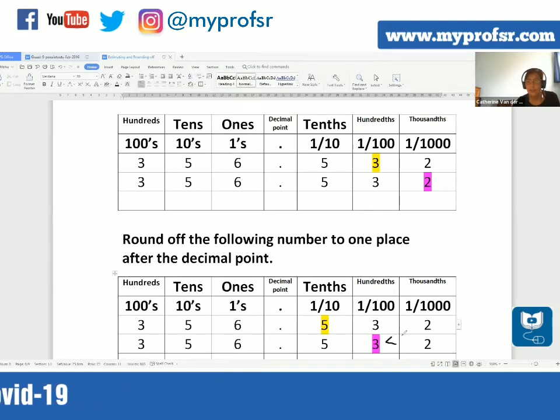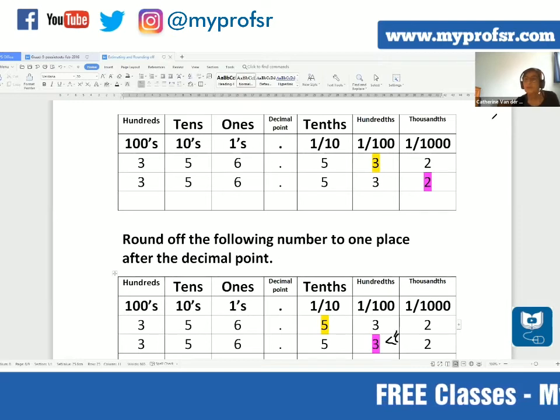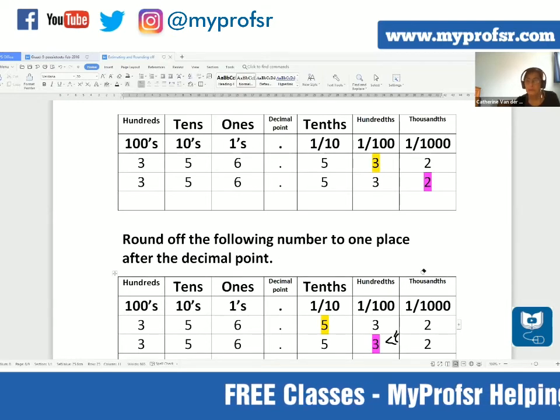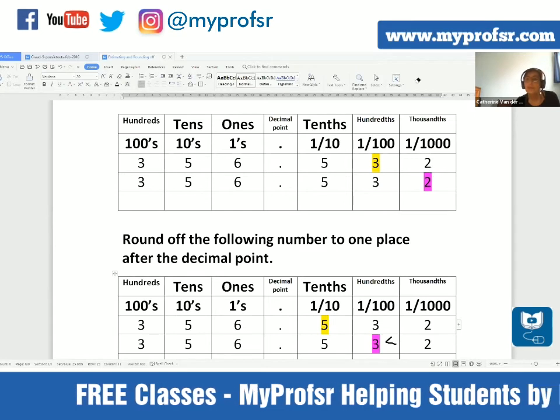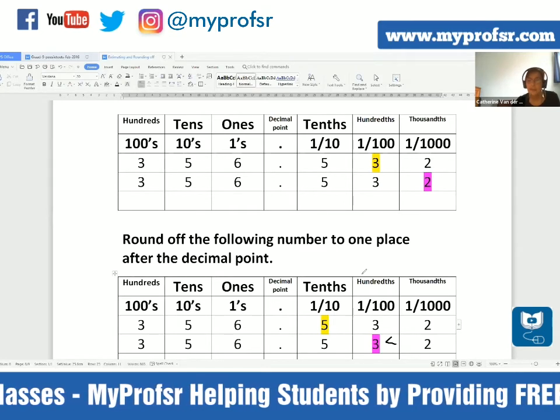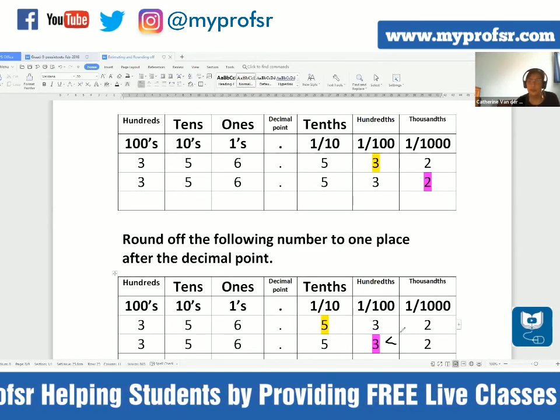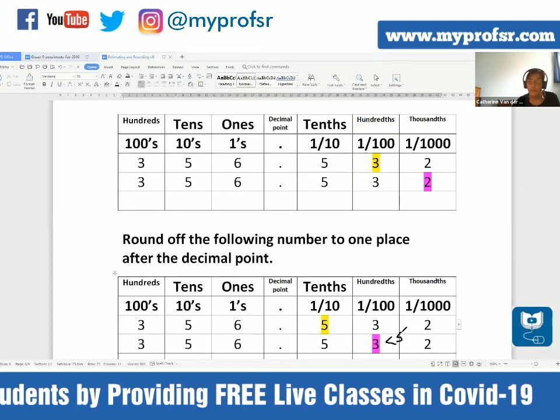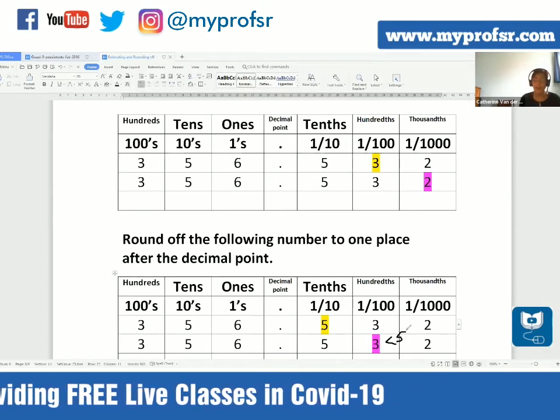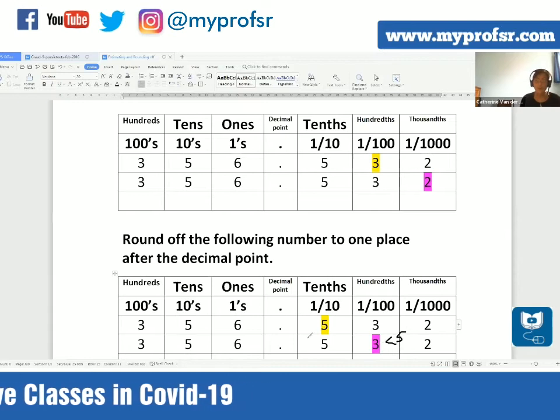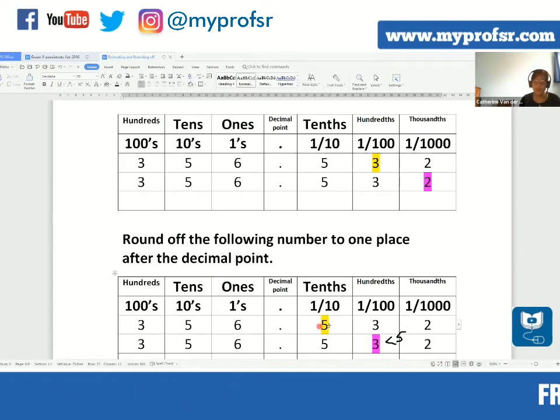The 3, of course, is smaller than 5. Clean up the mess. And therefore, the 5 is not going to increase.